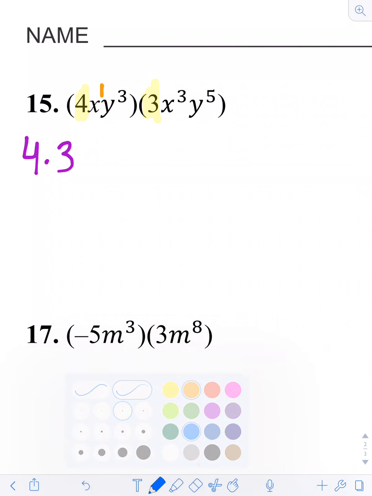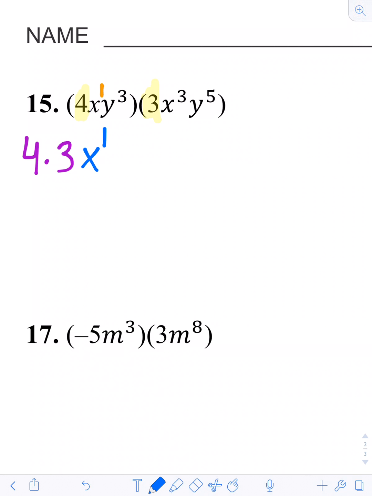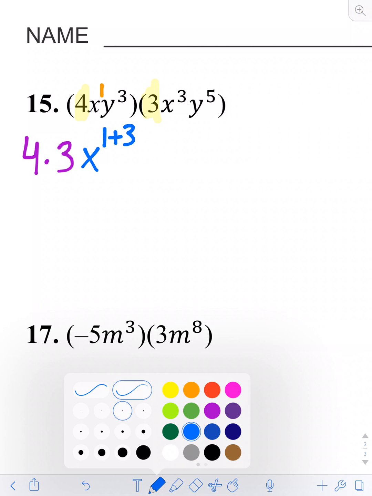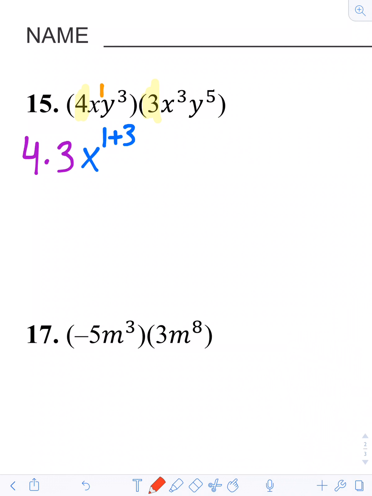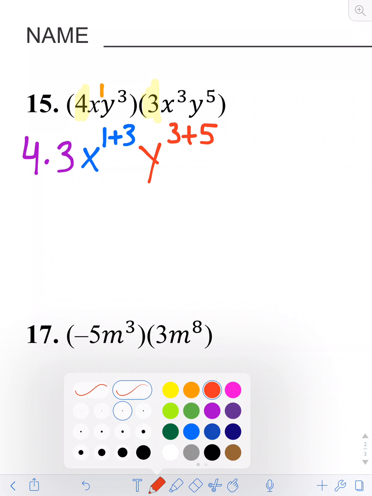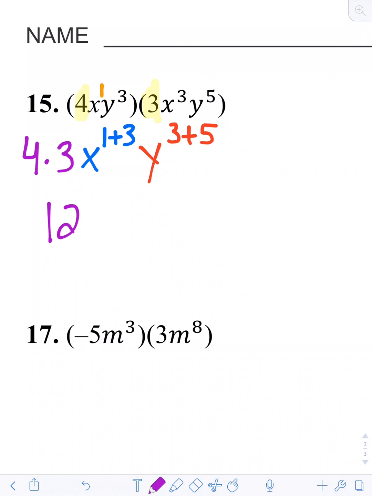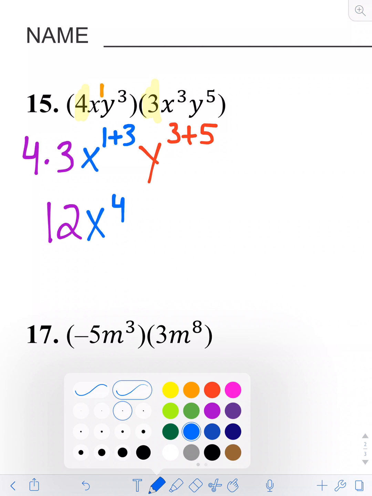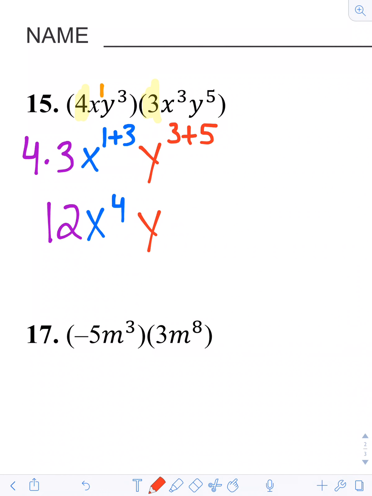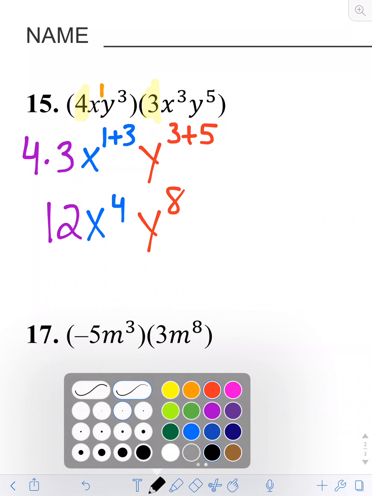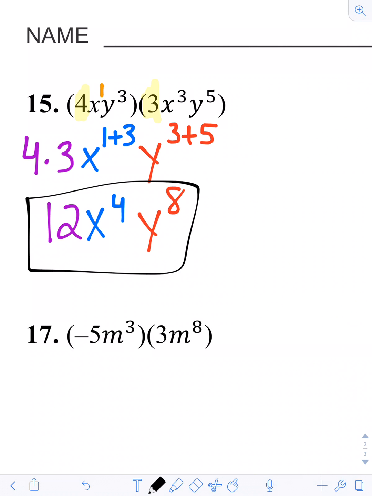So I have two variables. We have x, 1 plus 3. And then my other variable, we'll do red, is y, and we have 3 plus 5. Okay, so 4 times 3 is 12. 1 plus 3 is 4. And 3 plus 5 is 8. And that is your final answer.